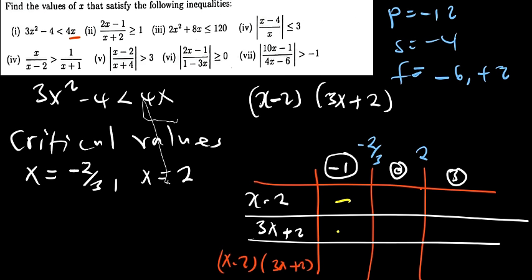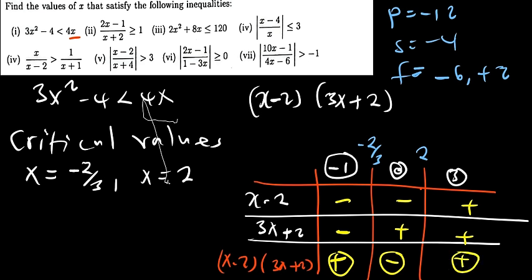It's a negative. Negative 3 minus 4 is going to be negative. So now negative times negative will give me overall positive. If I put 0 here, 0 minus 2 is negative. If I put 0 here, 0 plus 2 is positive. Overall will be negative. If I put 3 there, it's going to be positive there, positive overall.